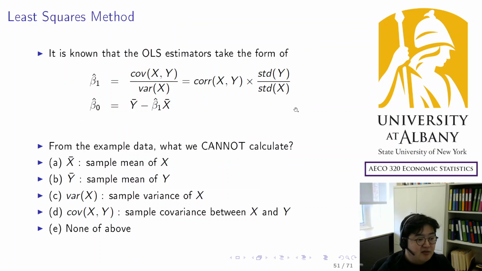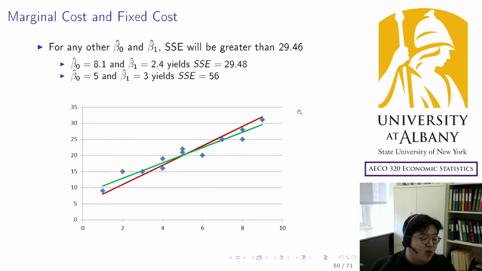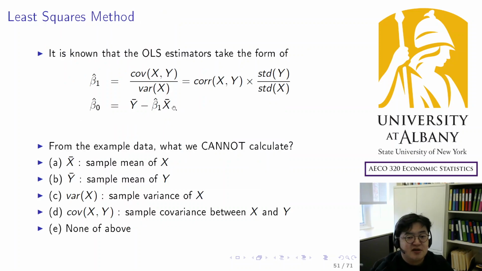And then you may think, wow, computer is super fast in minimizing the sum of squared errors. That is actually not the case. The computer does not do the minimization, but calculation is easier because beta 1, the slope, is related to the covariance or the correlation coefficient.